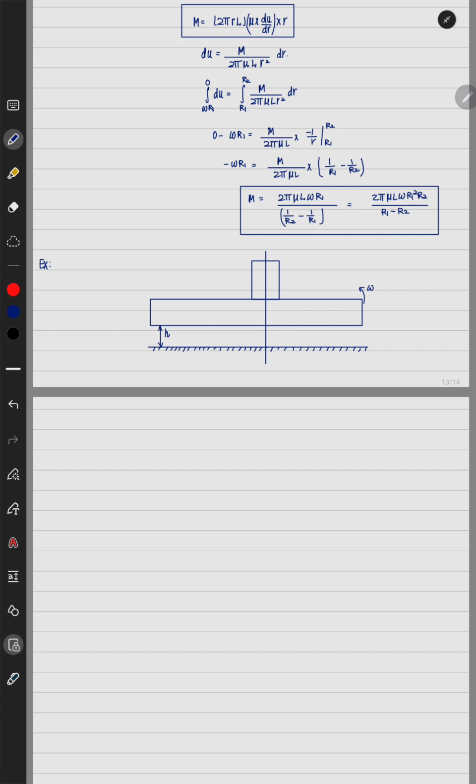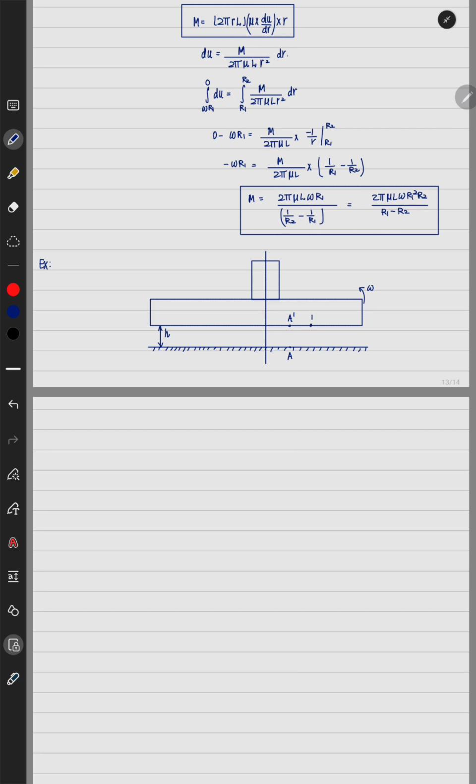what is the relative velocity between the piston surface and this surface, which is kept at velocity 0? This is at rest. Suppose this is a and this is a prime. So a is at rest, and a prime will have some velocity because the circular piston is rotating at some angular velocity omega. There will be some velocity at a prime and zero velocity at a.